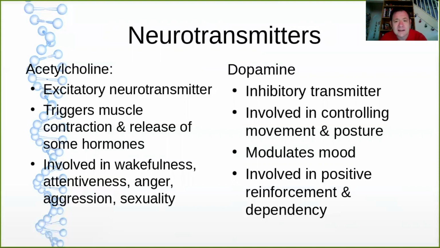Then we have dopamine. And dopamine is an inhibitory transmitter in some cases, involved in controlling movement and posture. It modulates mood. It's involved in positive reinforcement and dependency. Addiction. I mentioned Parkinson's disease sufferers have a deficiency in dopamine. The treatment is to give them L-Dopa, artificial dopamine.